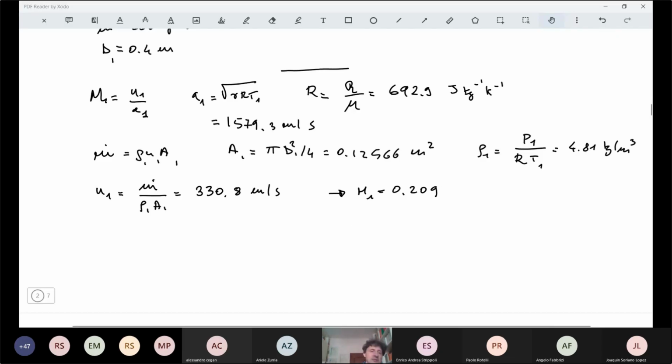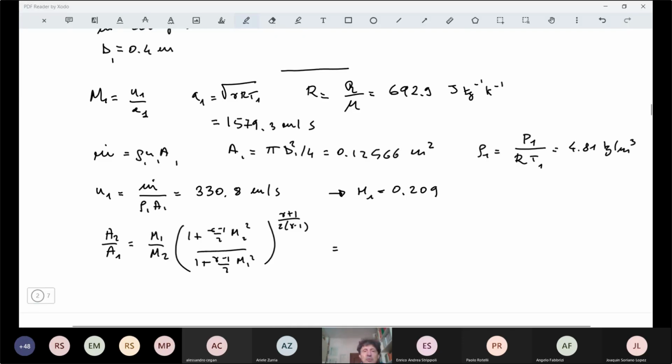So we have A2 over A1 is M1 over M2, times (1 plus (gamma minus 1)/2 M2 squared) over (1 plus (gamma minus 1)/2 M1 squared), to the power (gamma plus 1) over twice (gamma minus 1). And we use this with our gamma, which is 1.2, and we use our two values of Mach number.